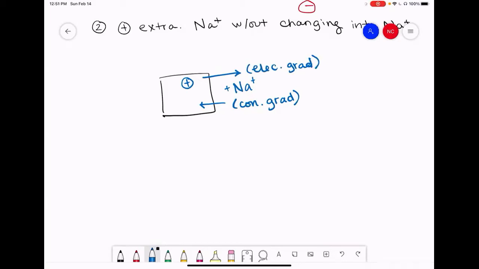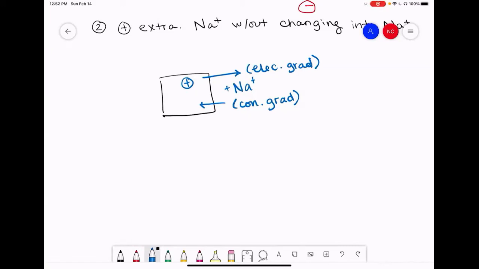So by having greater positivity on the outside, we increase the concentration gradient, pulling sodium into the cell. That's therefore going to affect the electrical gradient by increasing the repellence. I don't know if that's a word, but we're going to have increased repelling of like charges. So that increased positivity is then going to say, nope, I'm going to strengthen the electrical gradient and push sodium out of the cell. Okay.